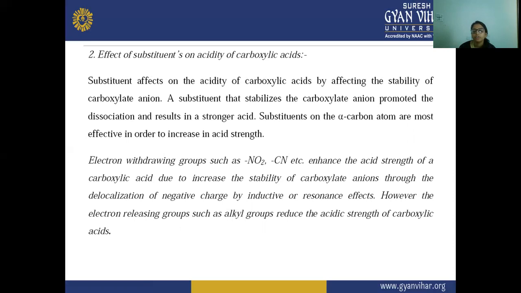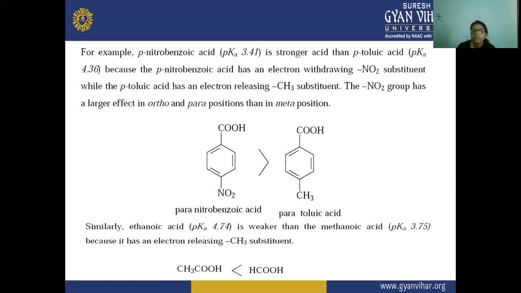But if electron withdrawing groups such as NO2 and CN are attached to the carboxylic acid, then they increase the stability of the carboxylate ion, and that is why they increase the acidity of the carboxylic acid. Next, examples are shown where nitro and CH3 groups are attached, and para-nitrobenzoic acid has more acidic strength compared to para-toluic acid.